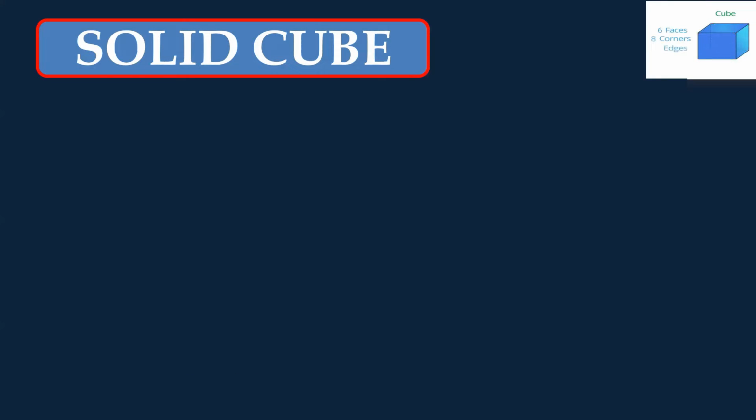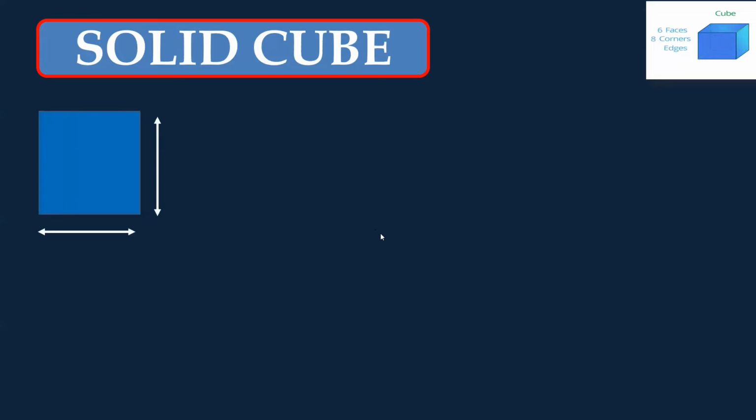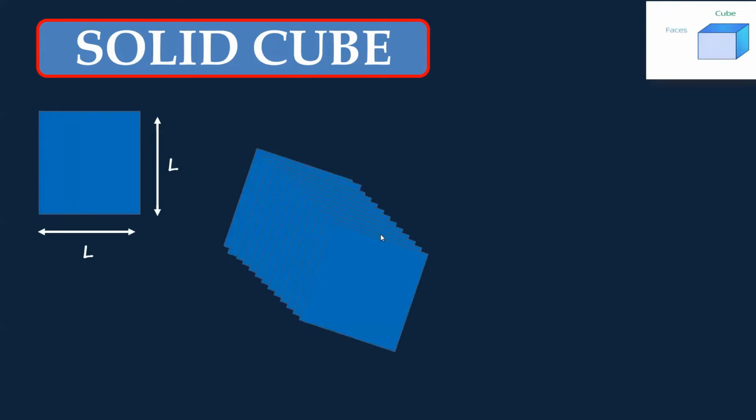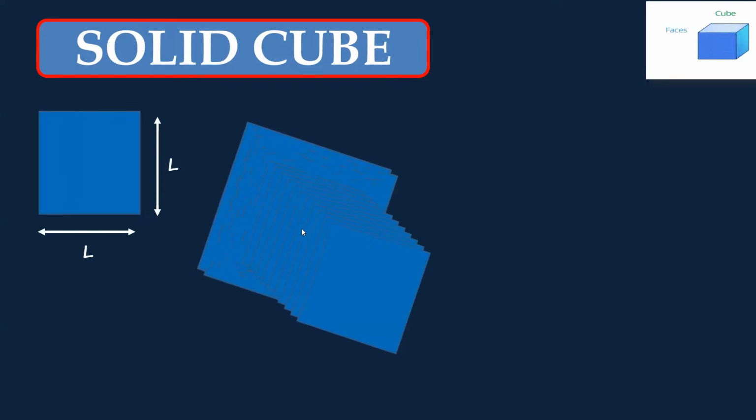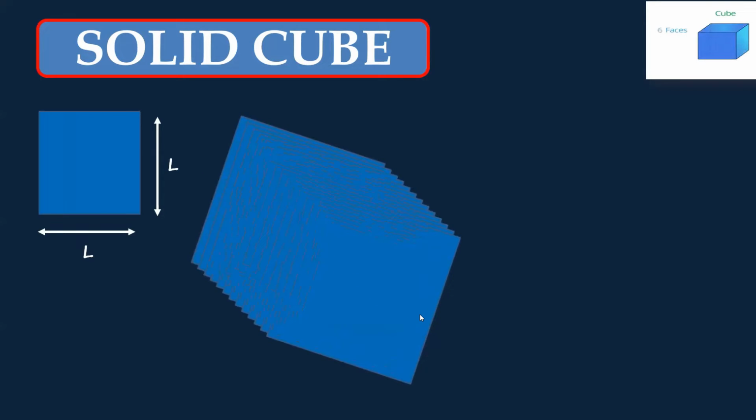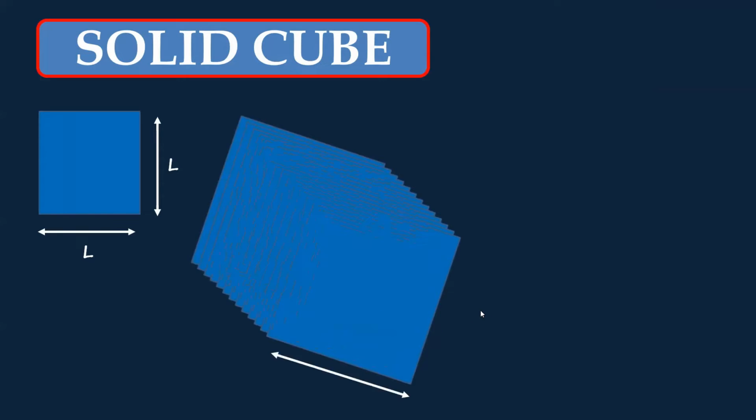Now, let's see solid cube. Cube is a solid bounded by 6 square faces, right? If I consider one of the faces of this cube with side equal to L, and if I stack all these squares on one another vertically, I will get one solid cube, with each side equal to L only.